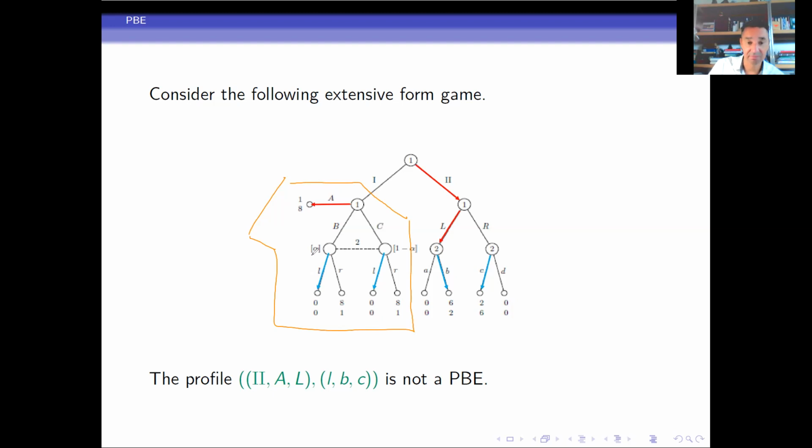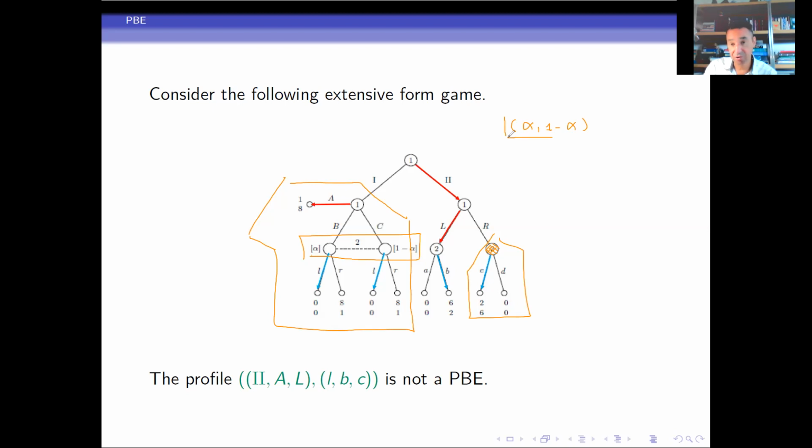Namely, here is the belief: this alpha, 1 minus alpha is the belief. In this game, there is only one non-singleton information set, so that is the only place where you need to form a belief. For all these other nodes, you know that you are there with probability 1, because there is no place else to be once you are in this subgame. So that is easy.